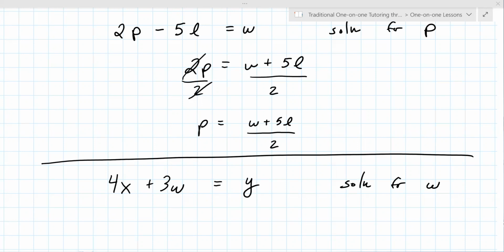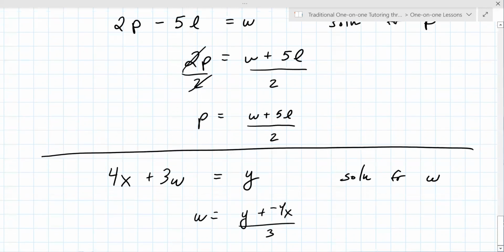So I got w equals y plus negative 4x over 3. Good, that's perfect.